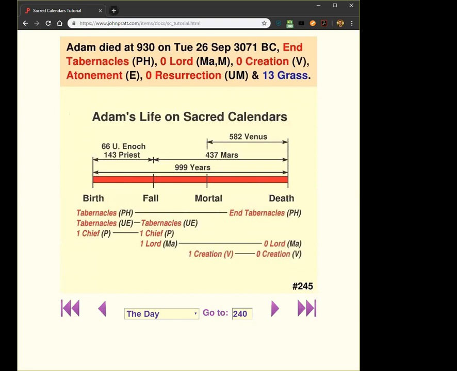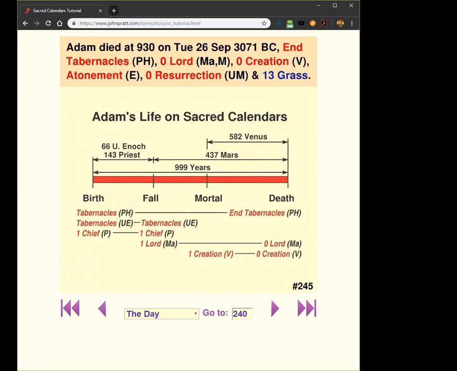He's born on Tabernacles, which represents birth on the Hebrew calendar when you get your tabernacle. And he dies on end Tabernacles, which is one of the death dates on the Hebrew calendar. It's when you lose your tabernacle. So, Adam's birth and death, this is the first time I think we've talked about his death.